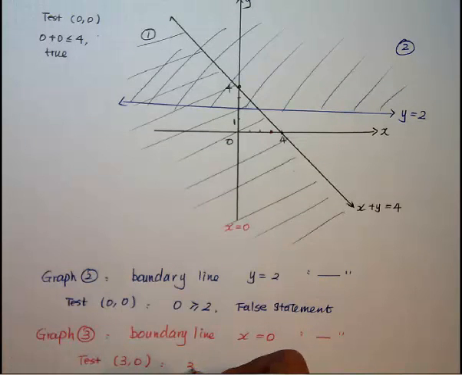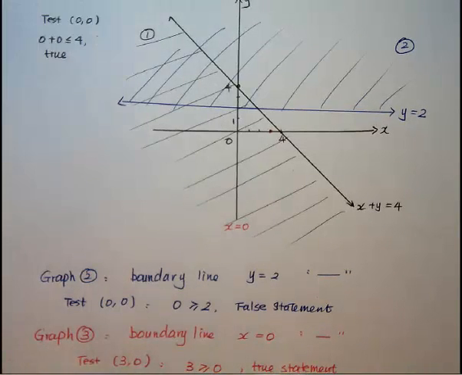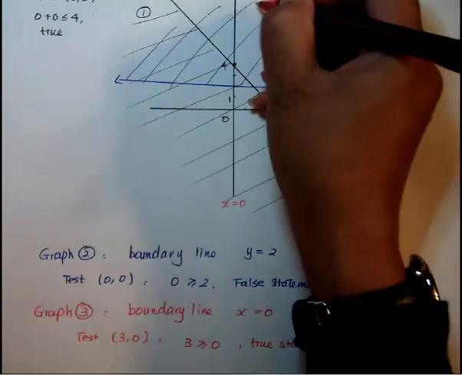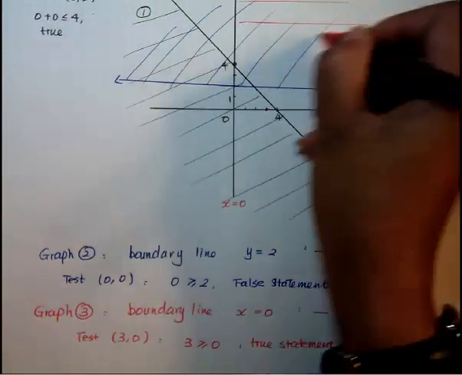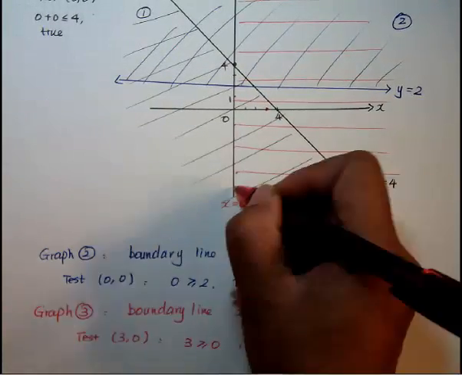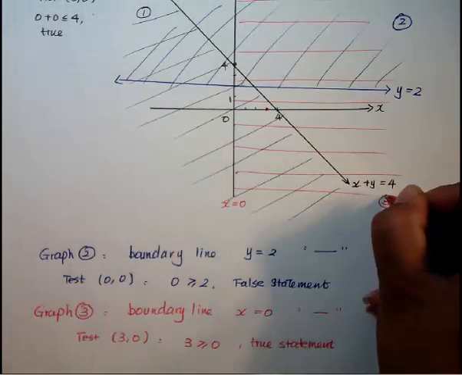Is 3 greater than or equal to 0? Yes, that's a true statement. Then we are going to shade the half of the plane including 3, 0, that point. So it will be on this side. So everything on this side is my solution for the third inequality. So the red part is your third inequality.